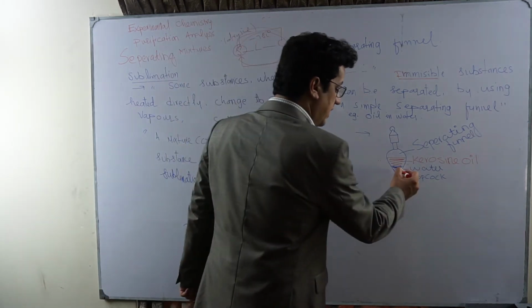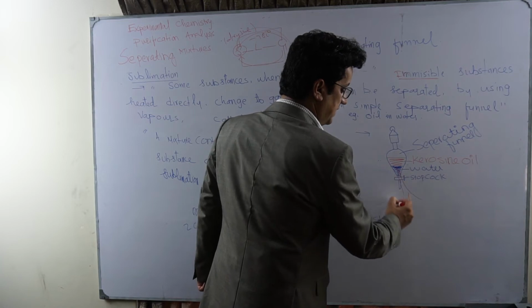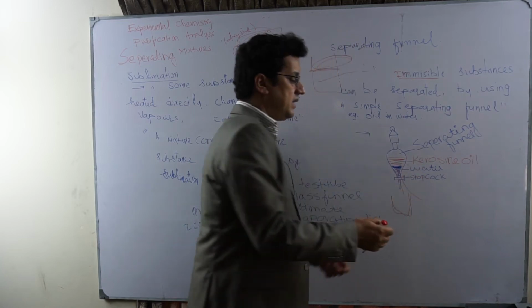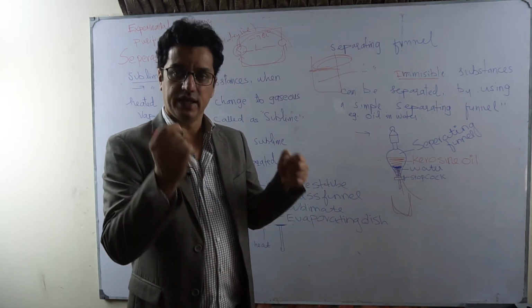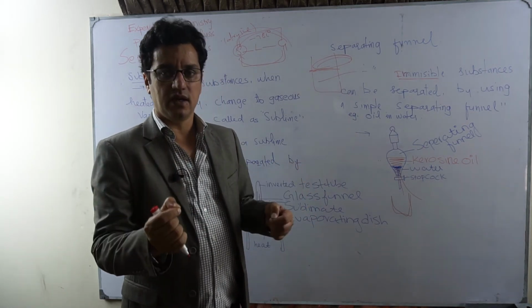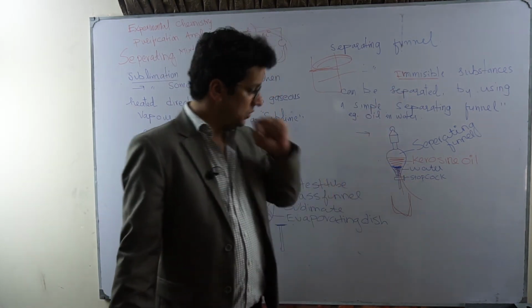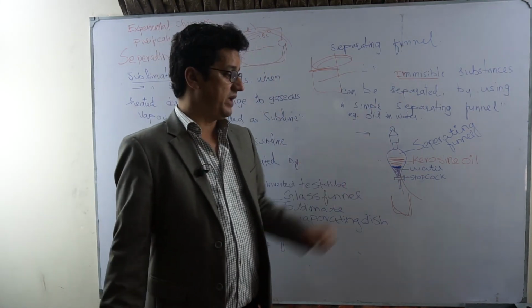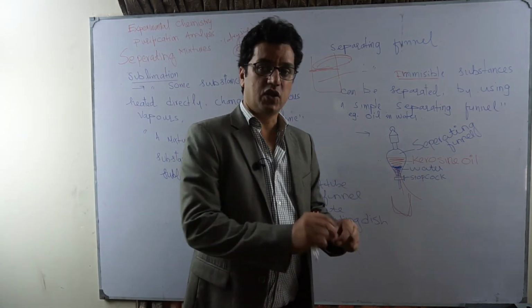Now, run off the non-aqueous, lighter layer and save it here. And as the other layer just approaches, close the knob. Separating funnel is used when two substances are immiscible, not mixing into each other. Run off one liquid and as the other approaches, close it.